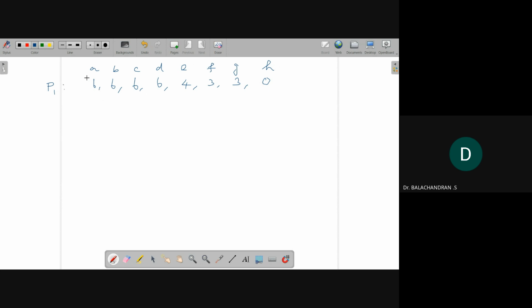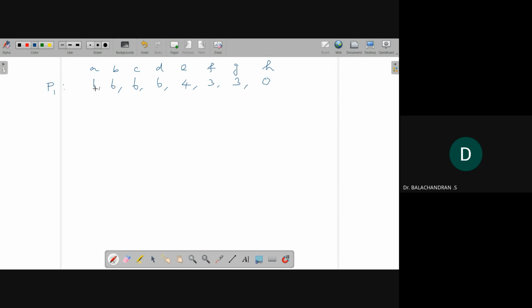First I will take this 6. The sequence should be in descending order. I am going to subtract this 6 from the others.